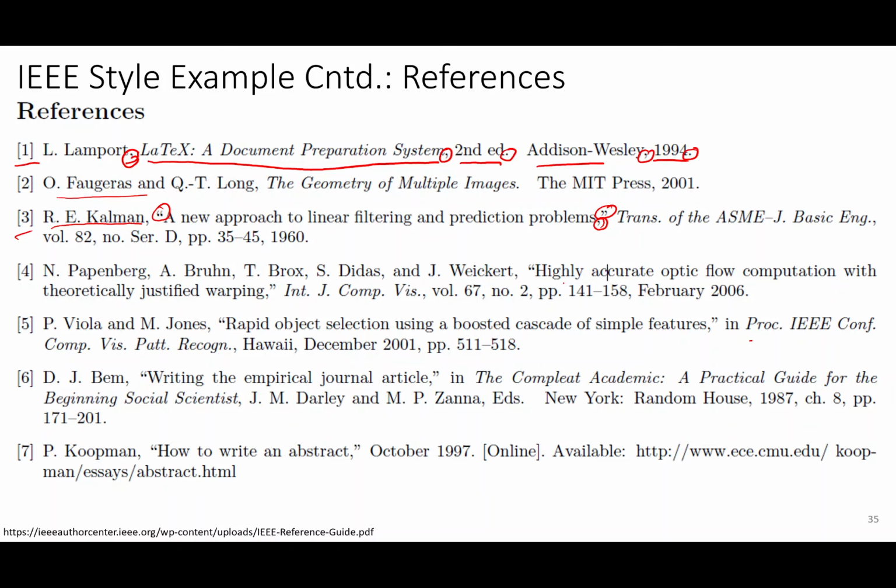I have used the abbreviations also as recommended by the IEEE style. So you do not say transactions, to preserve space, you say Trans. and so on. Volume, and here the issue is series D, and the pagination. So in LaTeX, for the pagination you write 35 double dash 45, right? Double dash.